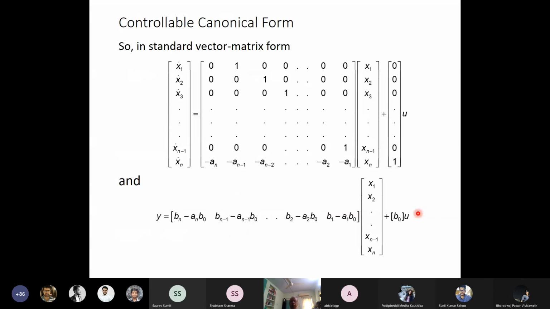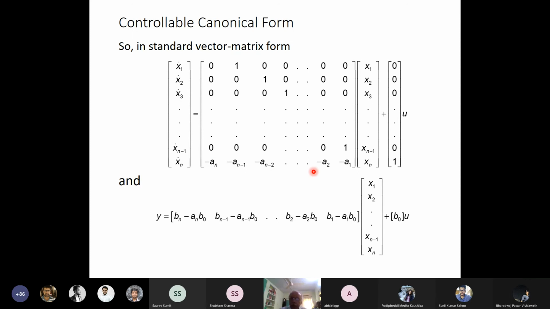Okay, so this is basically a controllable canonical form. In the controllable canonical form, you can see the representation is pretty simple over here. So here you can see the structure. And these components are the coefficients in the transfer function.